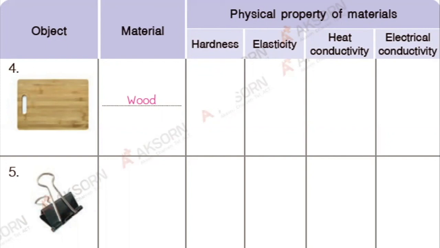And what about the properties of metal? Hard or soft? Can we stretch metal or not? What about heat and electrical conductivity? I give you a tip here. We have to tick 3 properties. So make it on your own. When you finish, you can push the play button again, and we continue our lesson.